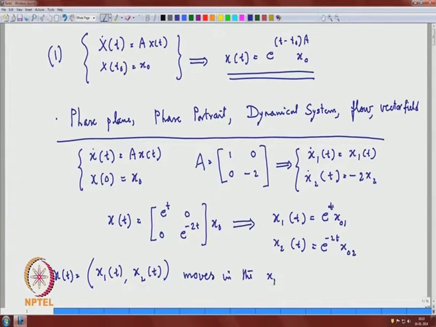So, what is happening is that you can think of it as the motion of a particle in the plane.